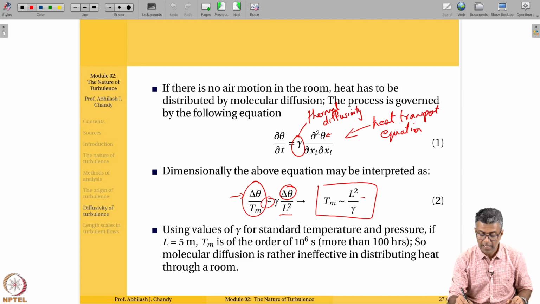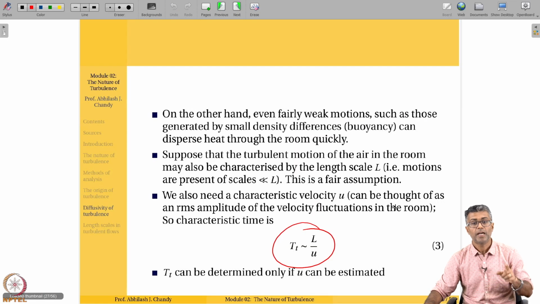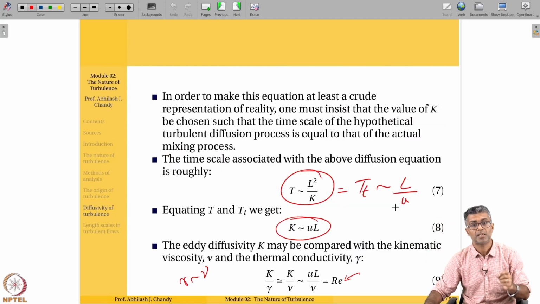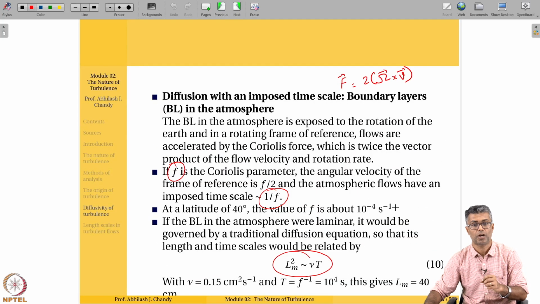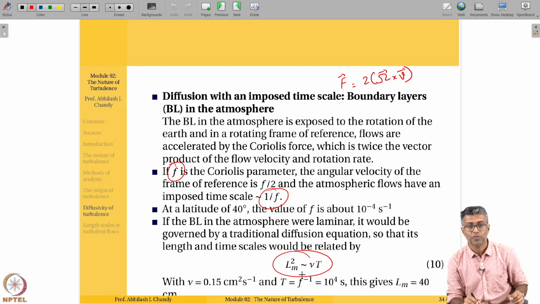Here, remember, the length scale was imposed. But now for our atmospheric boundary layer, the time scale is imposed. So now we are estimating the length scale in this particular problem. And that is how you get Lm squared is of the same order as kinematic viscosity times time.